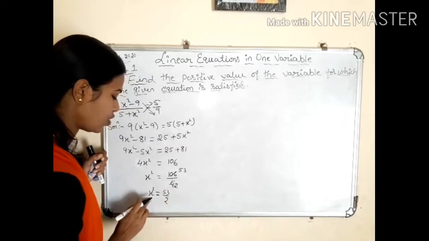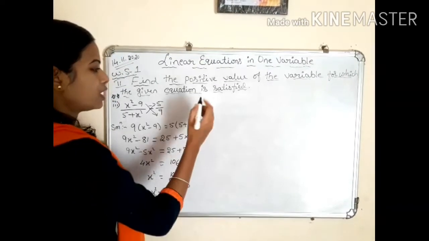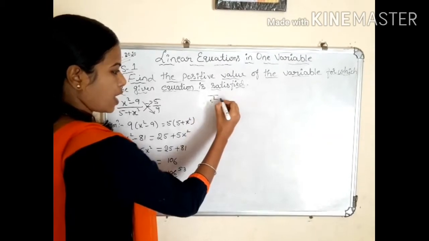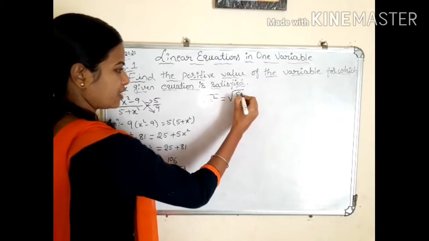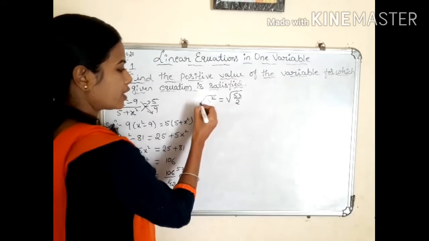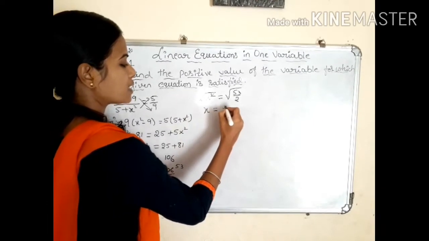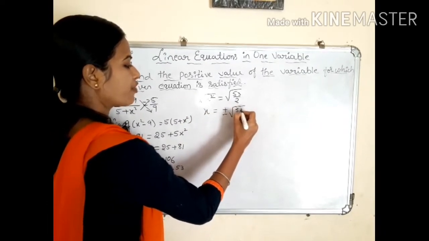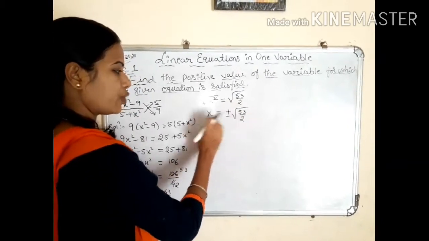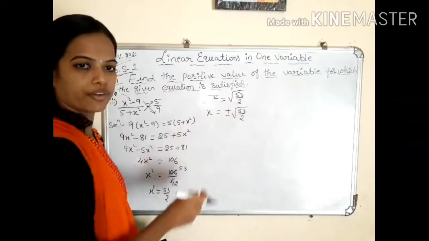x² value we got 53 by 2. 53 by 2 is not a perfect square. Take square root on both sides. It becomes √(x²) is equal to √(53/2). Square root gets cancelled. x value you will get plus or minus square root of 53 by 2, because it is not a perfect square.